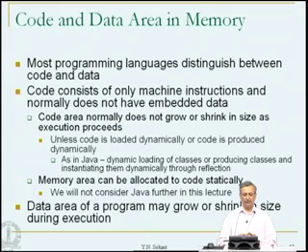We can produce objects of that particular class, and then we can execute the methods of that class and so on and so forth. But we are not going to consider Java further in this particular lecture. So, we will assume that memory area can be allocated to code in a static manner, it does not change. But the data area of a program may grow or shrink in size during execution.